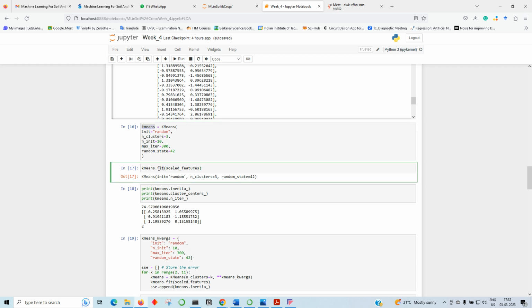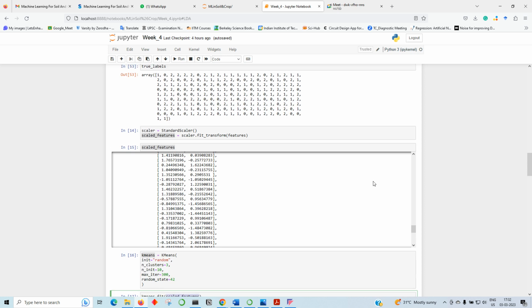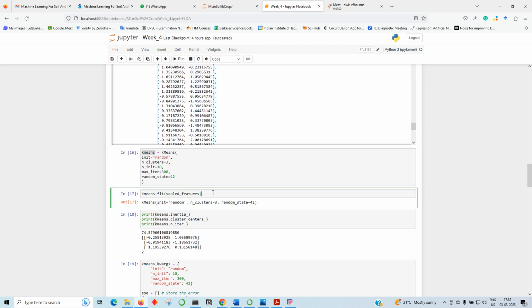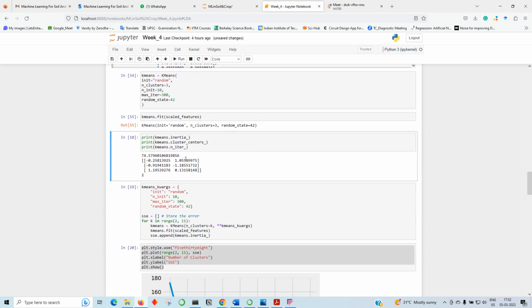Since we have stored our model in kmeans, we use the kmeans.fit function with the scaled features to train our model. Using these two lines, we can train our model.